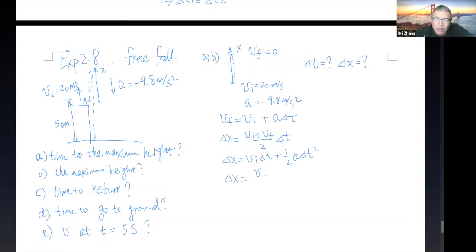They can be written in different ways, but I'm just writing one way. These are our four formulas that we can use.